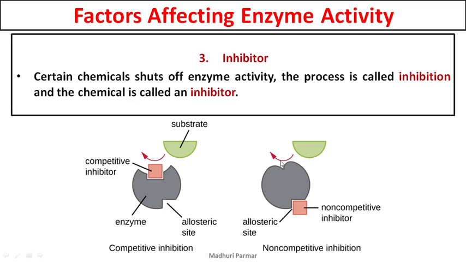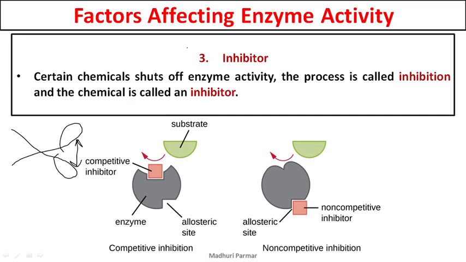The non-competitive inhibition is when there is an extra site on the enzyme, which is called the allosteric site. Think of it as your scissor. Let me just draw. Let us say you have this scissor, and if you fix something here, you're not allowing the holes to come together, you're not allowing this scissor to function properly.